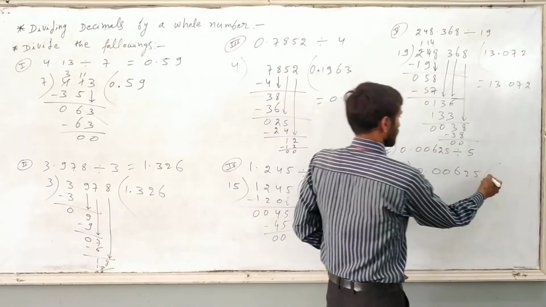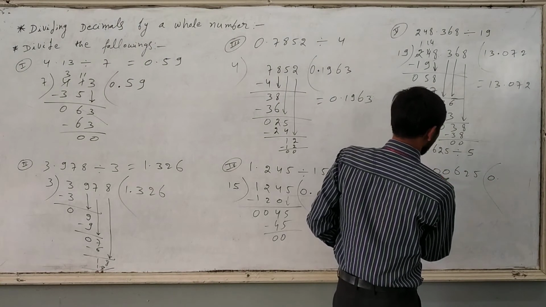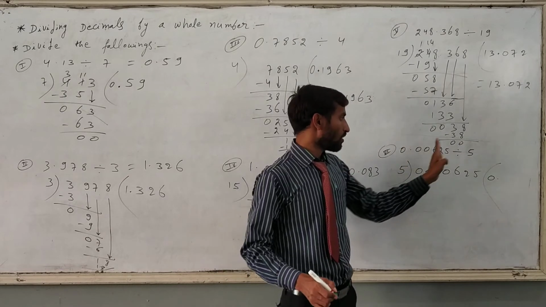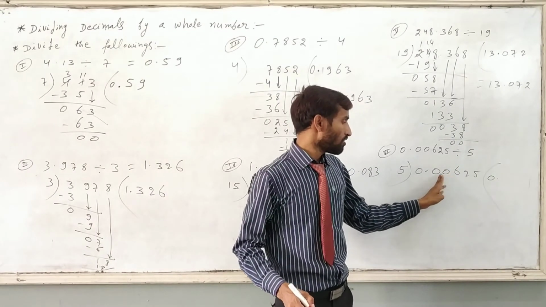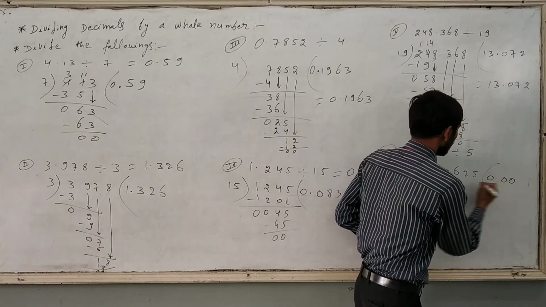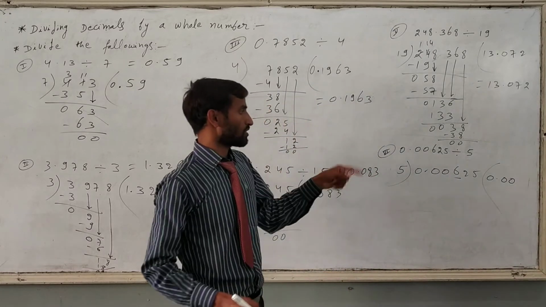For that you have to put a 0. Remove this point. Then again two more zeros are there, so we cannot go directly to 6. For that, these zeros you have to write in the quotient. So write down 0 0 here. Then go for 6. Now write down 6.